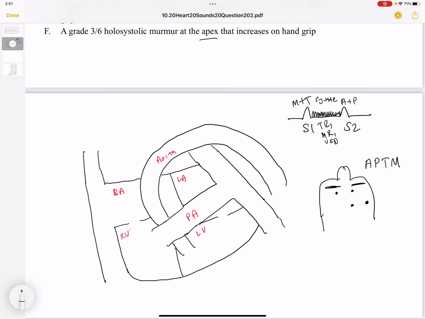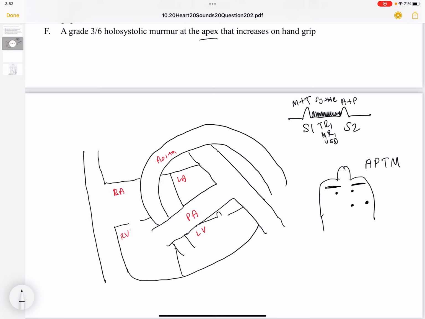The apex of the heart is going to be found in the area where the mitral valve is located, where we best hear the mitral valve. As a result, this is most likely talking about mitral regurgitation. Mitral regurgitation occurs during systole, and during systole, the mitral valve should be closed.